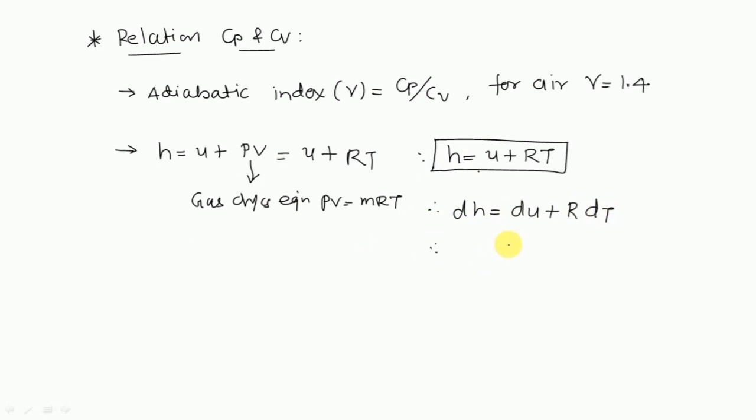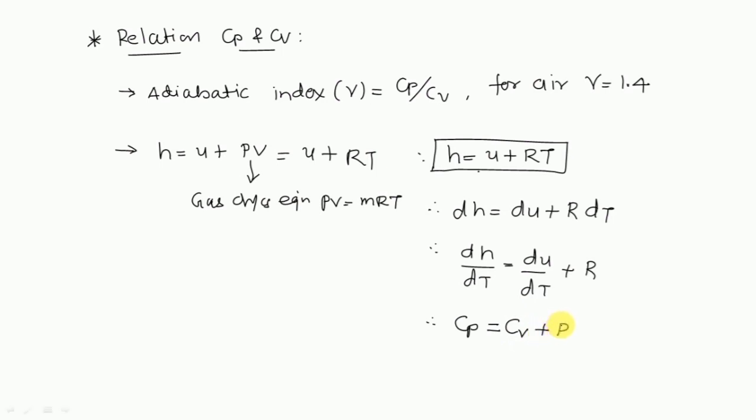If we divide this whole equation by dT, then dH upon dT is equal to dU upon dT plus R. Here we know dH upon dT, from the previous slide, is called specific heat at constant pressure, Cp. dU upon dT is called specific heat at constant volume, Cv.